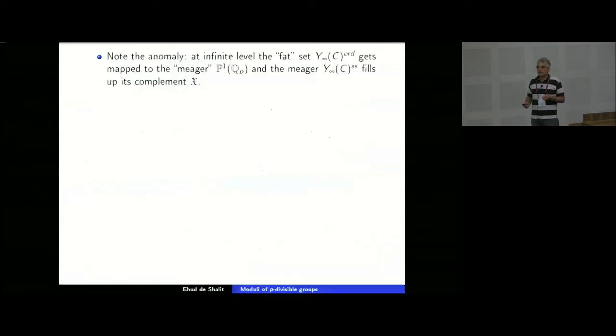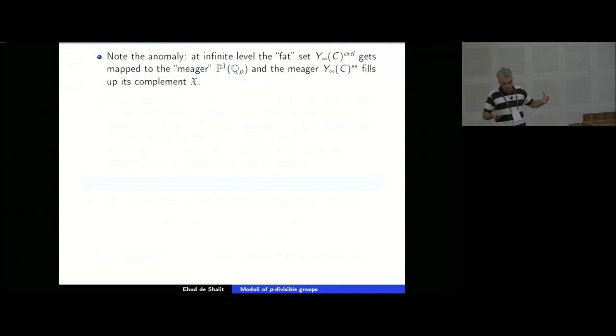Now, this is really surprising, really an anomaly, because at finite levels, we usually think of the ordinary part as being big and the supersingular part as being small. Okay, the reduction of the supersingular part at each finite level is just a finite number of points.